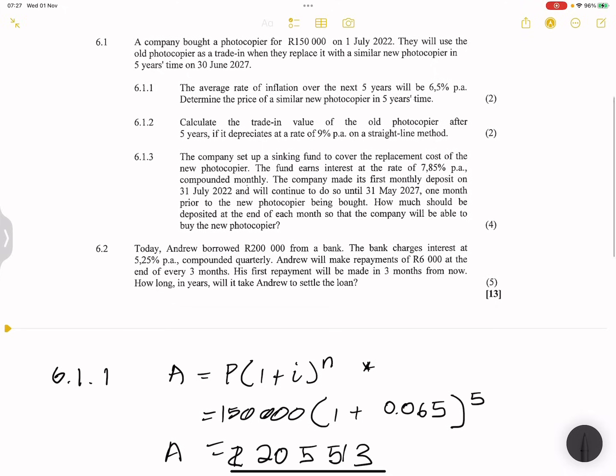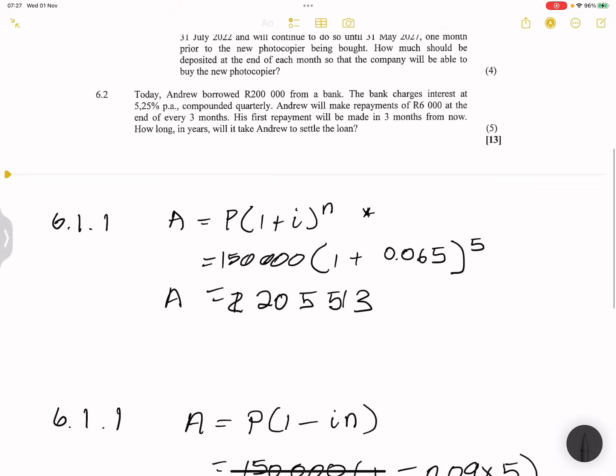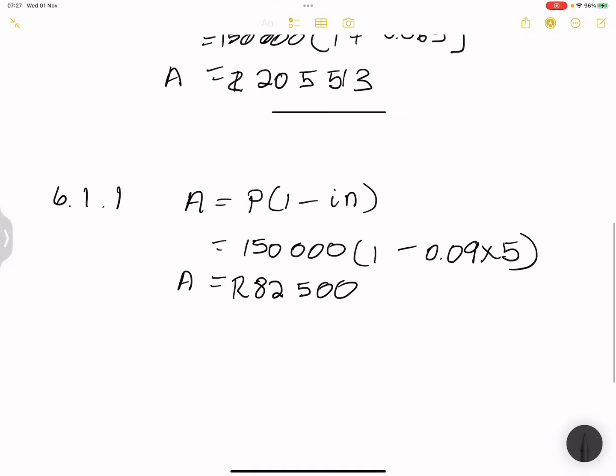Now I want you to think about it. How much do we need in the sinking fund? Remember, to buy the new copier, we need 205,513, but we would have traded in our old photocopier. So the amount of money that is needed in the sinking fund would be the difference between the two: what you need versus what you would have traded it in with.